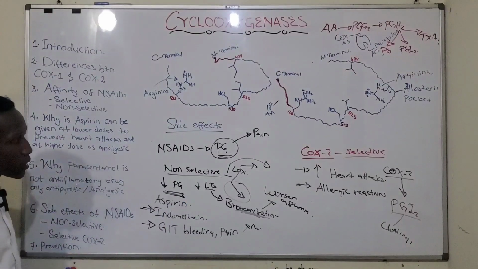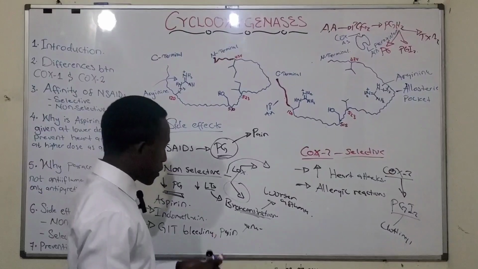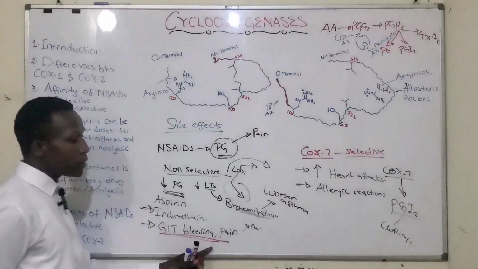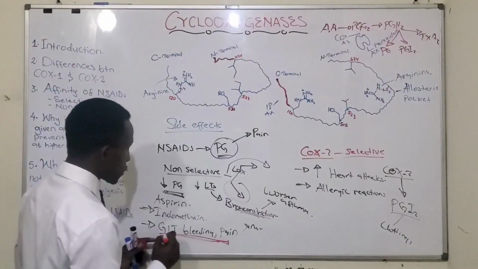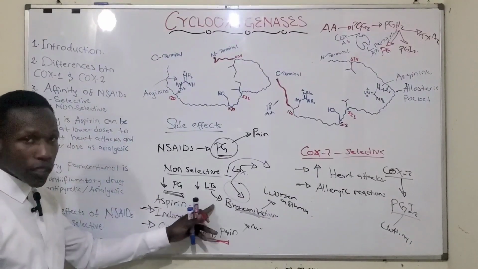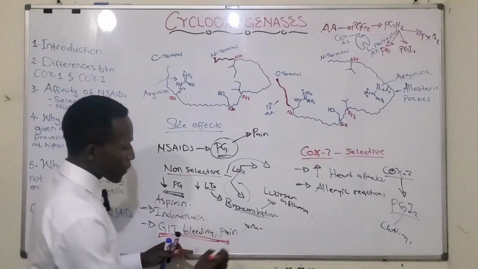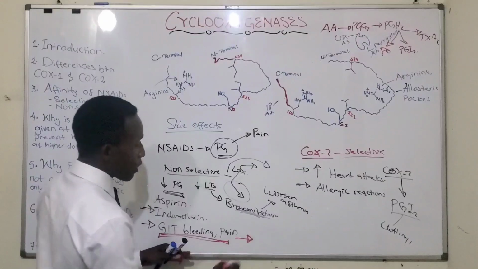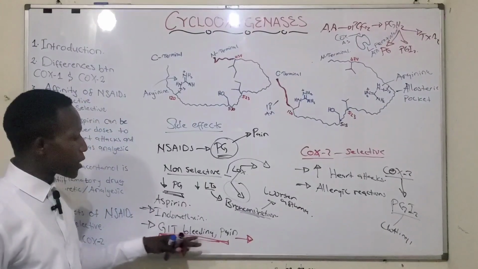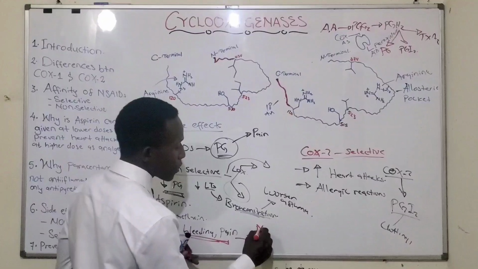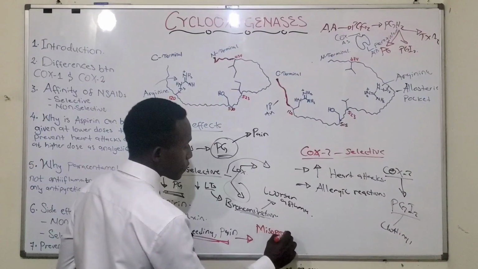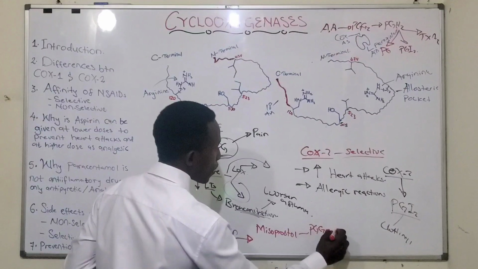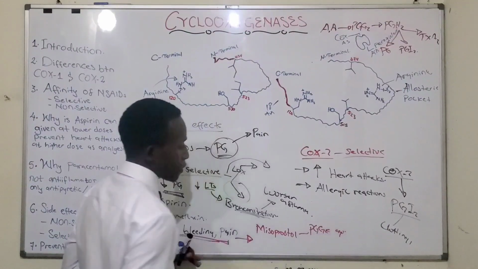Now, how is it prevented? For NSAIDs, for example in the GIT, this side effect can be prevented. For example, in case the NSAID is used as an analgesic, it can be given with some prostaglandin analogs to prevent the GIT bleeding. For example, misoprostol. This is a prostaglandin E agonist or analog.